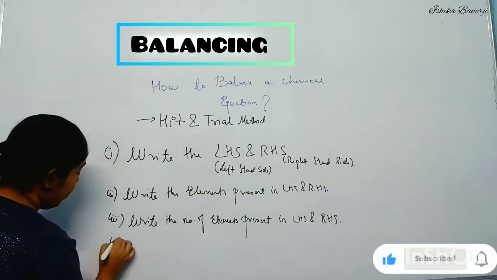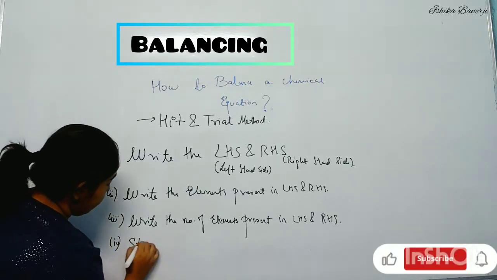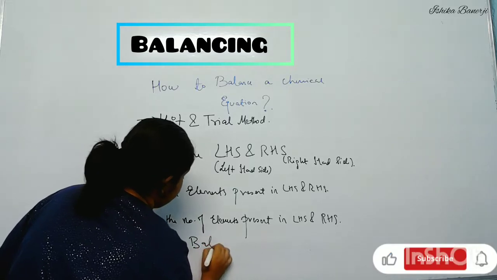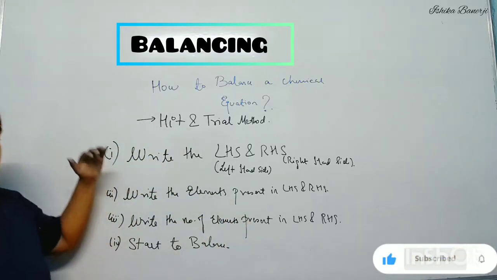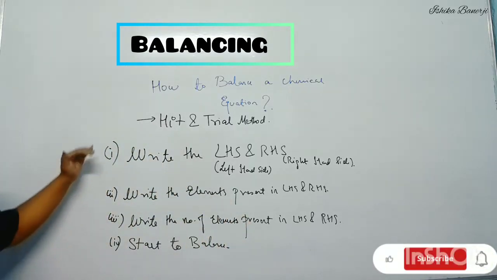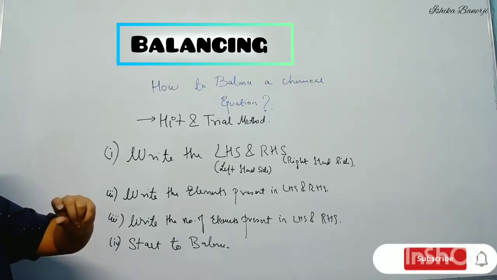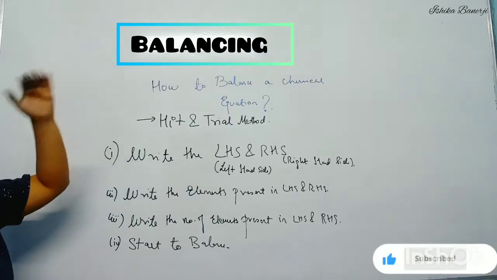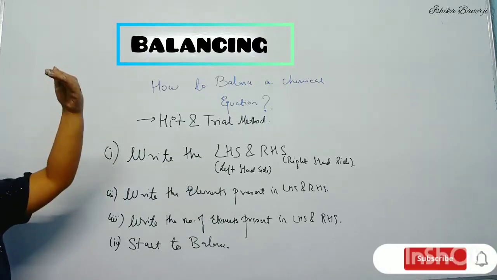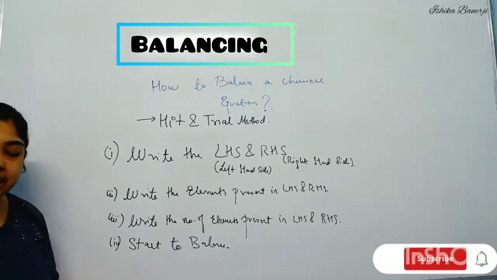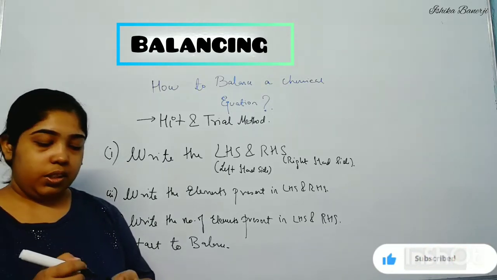And the last one, start to balance. These steps, if you follow them, your equation will be completely balanced. From initial level to higher level, simple, intermediate, any equation you go, if you follow these steps, it will be easier for you to do it.